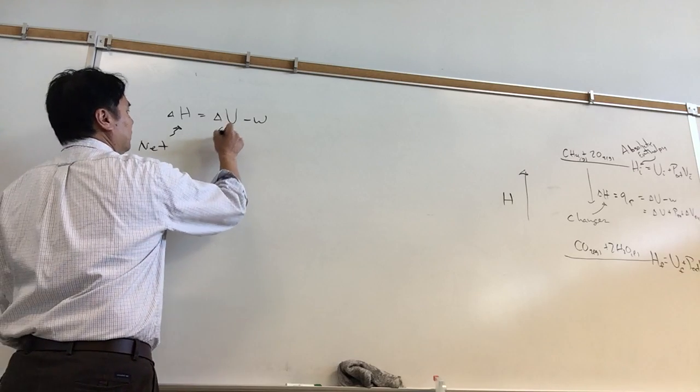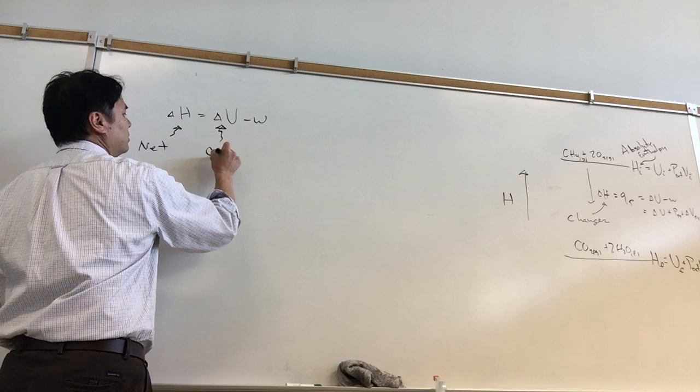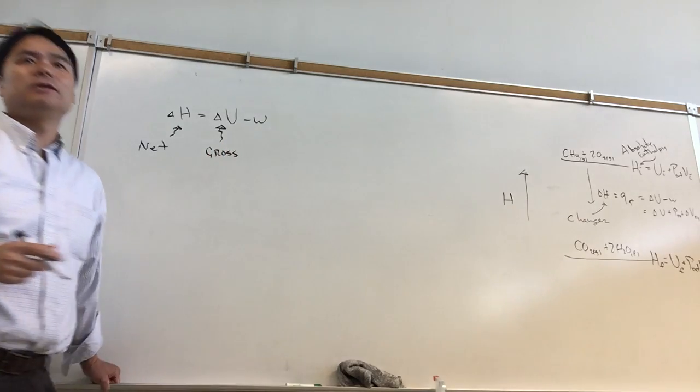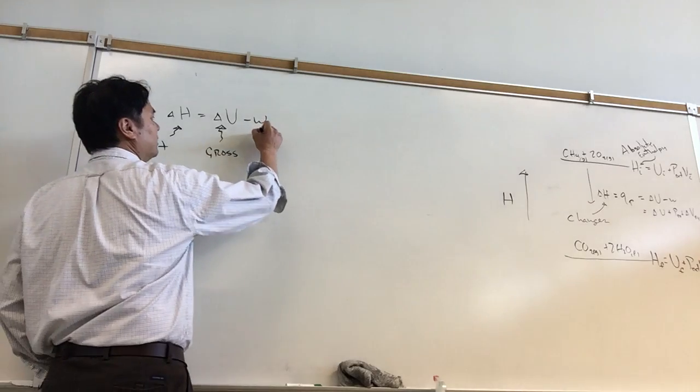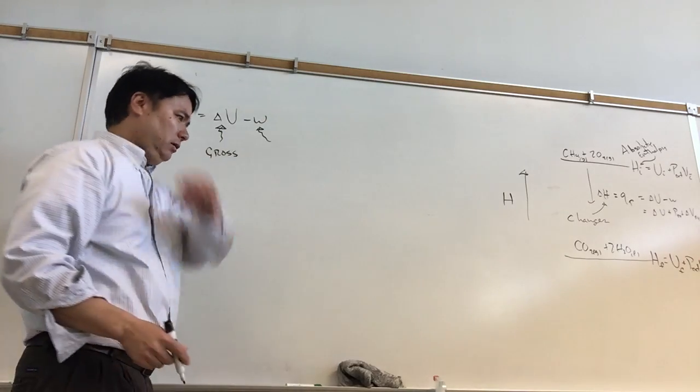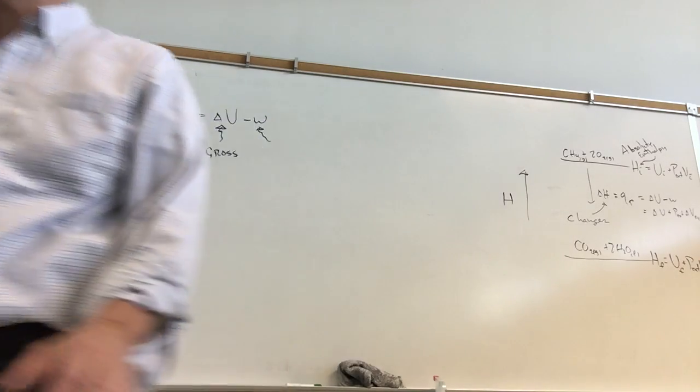Delta U is what we'll call the gross. Let's say you get paid $1,000. Are you going to put $1,000 in the bank? No, because the government needs their tax, right? And so we have a tax here, but sometimes we don't have any tax.